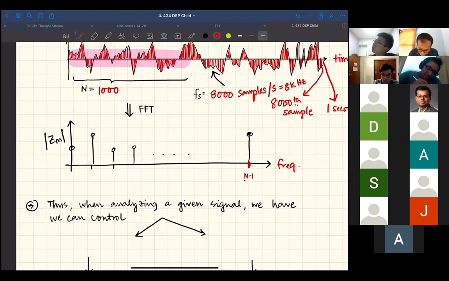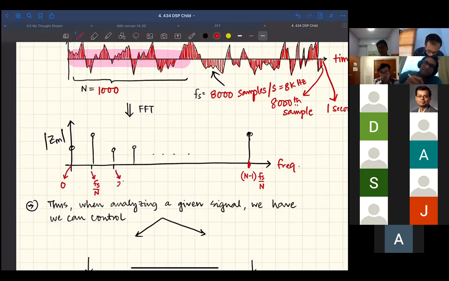N minus 1 times Fs by N, because that's the maximum value. What is this value? Someone? 0. What is this value, guys? Fs over N. And what is this value? 2 Fs over N, and so on and so forth.